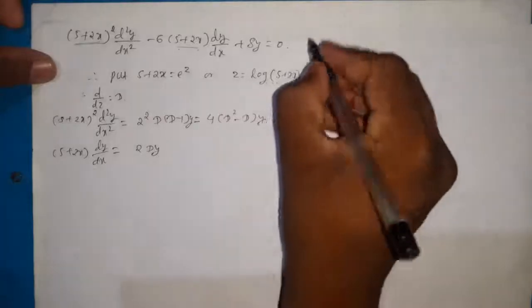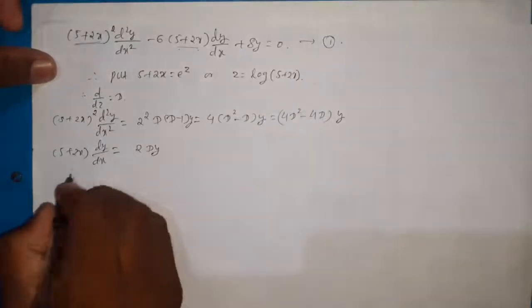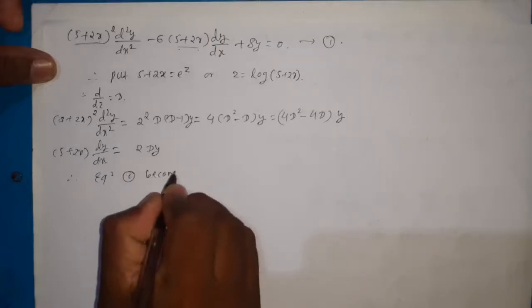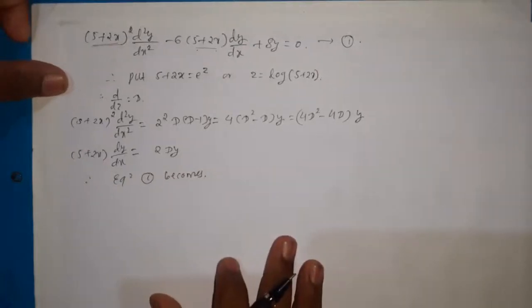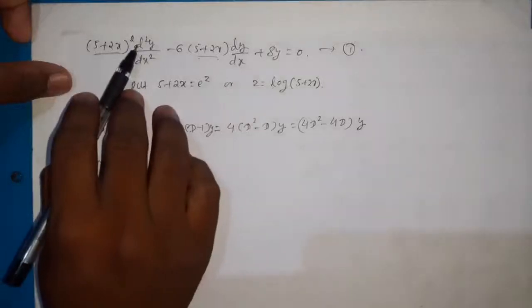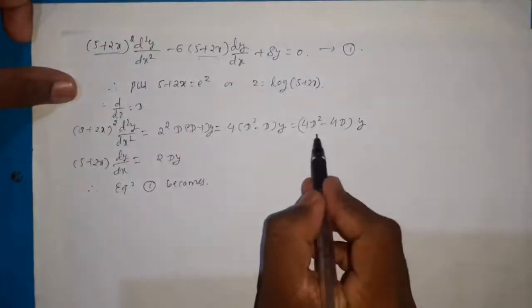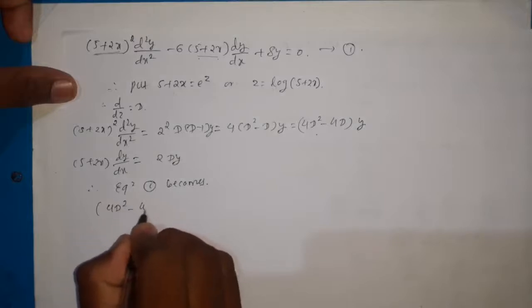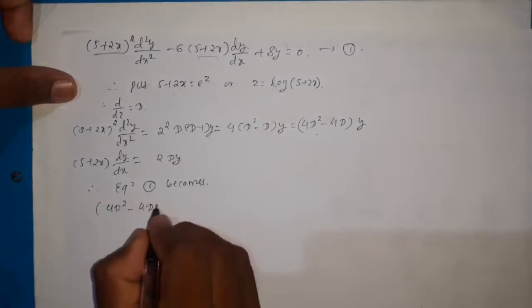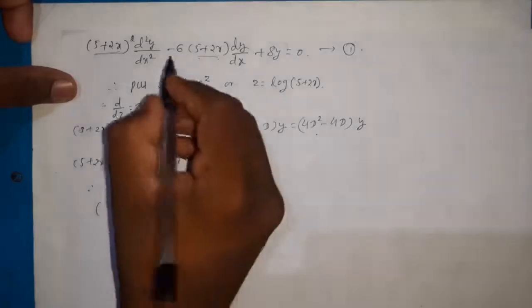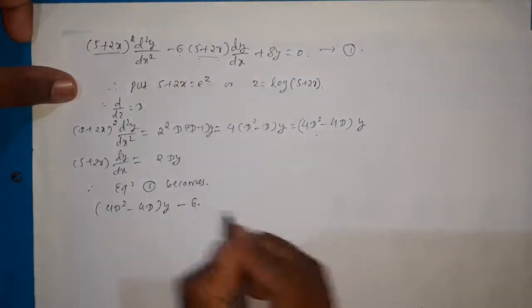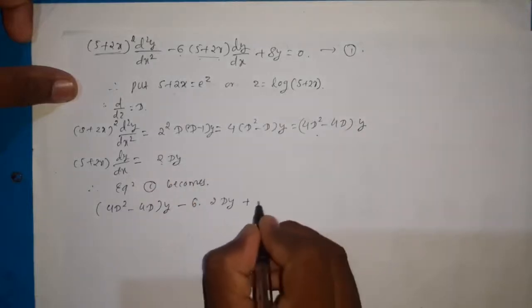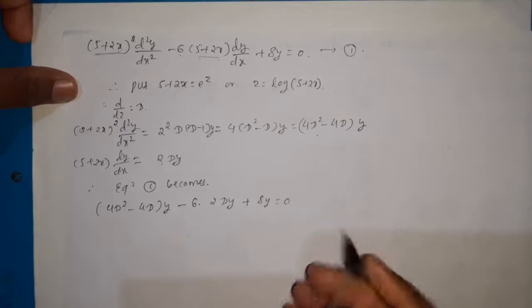Now consider this as equation number 1. So equation 1 becomes (4D² − 4D) y − 6 × 2D y + 8y = 0.